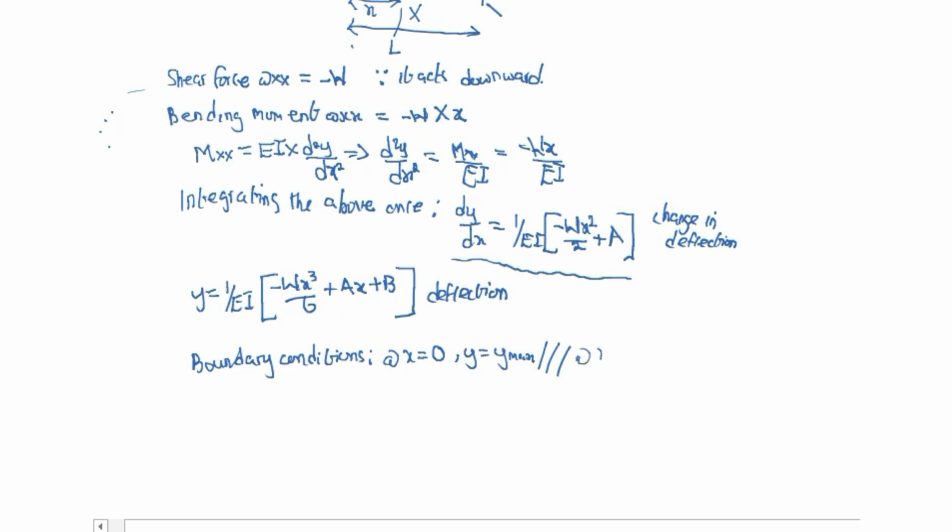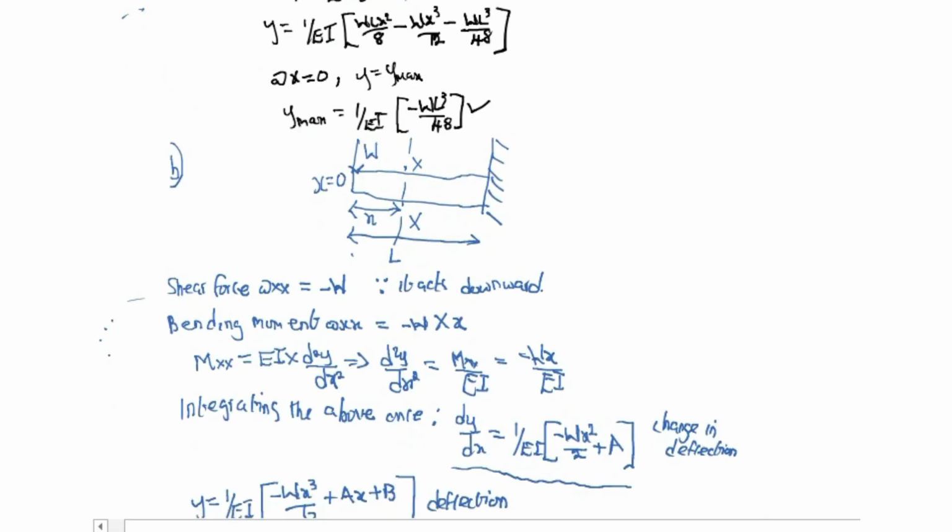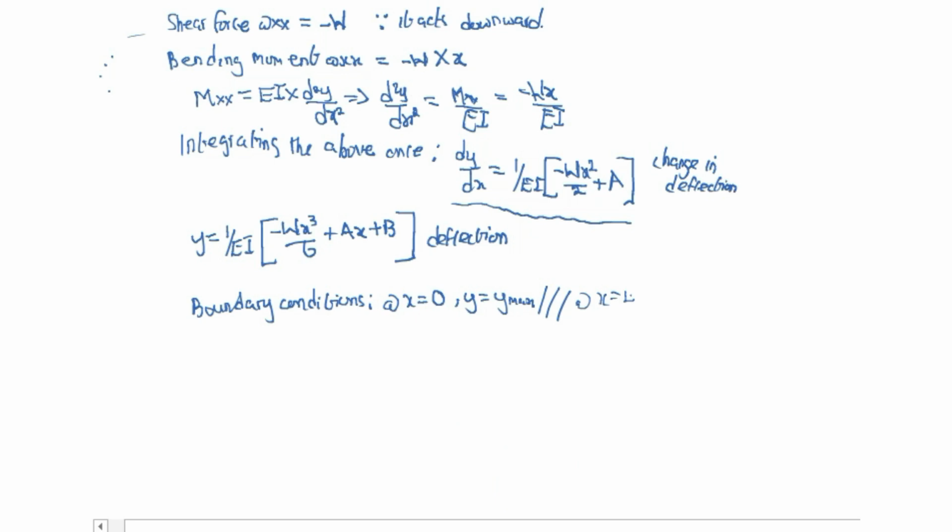At x equal to L, x increases from the left towards the right, from the point where the beam is free to the point where it is fixed, that is this distance L. At such a place, we have our deflection y equal to 0.